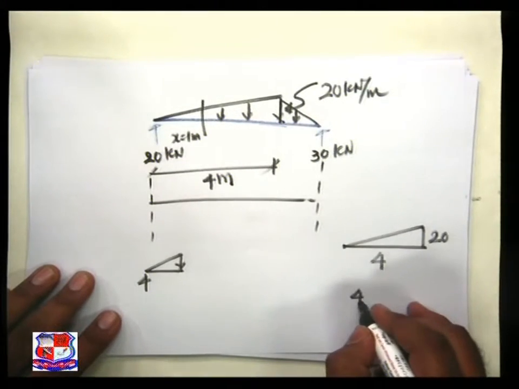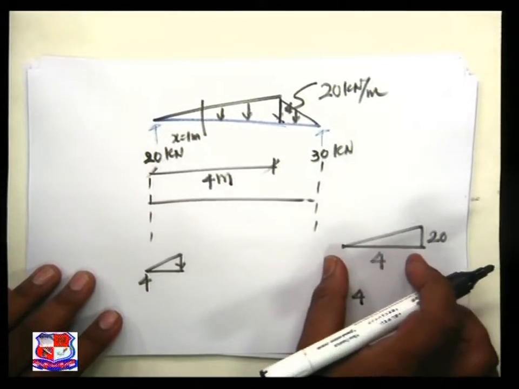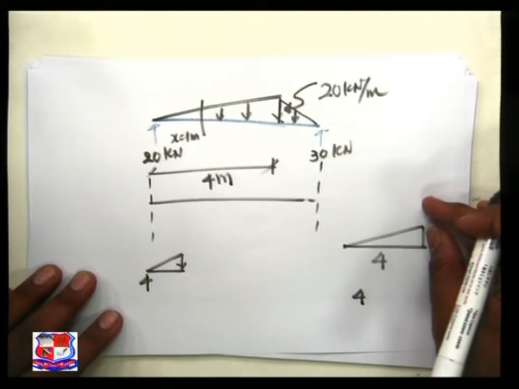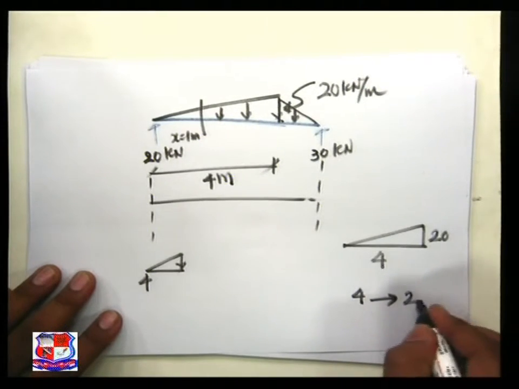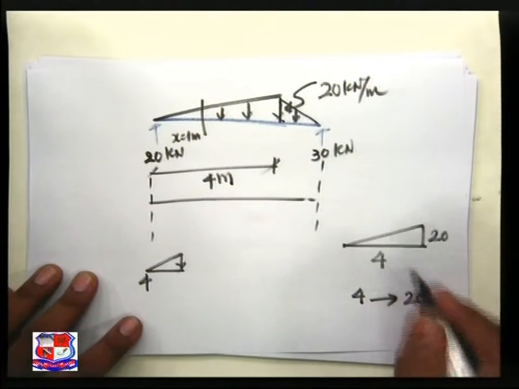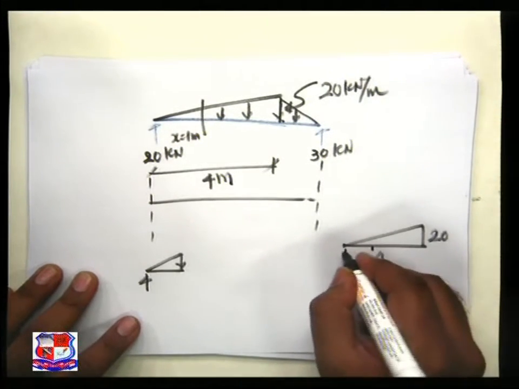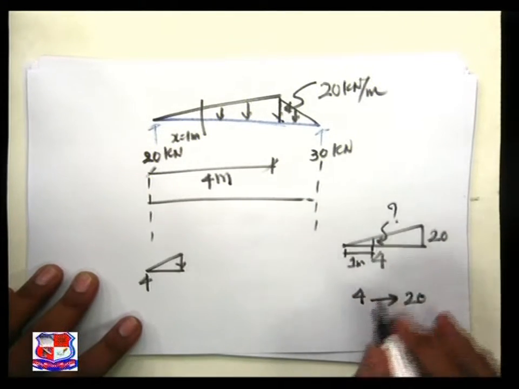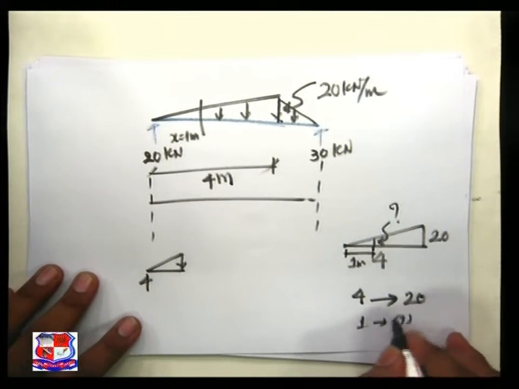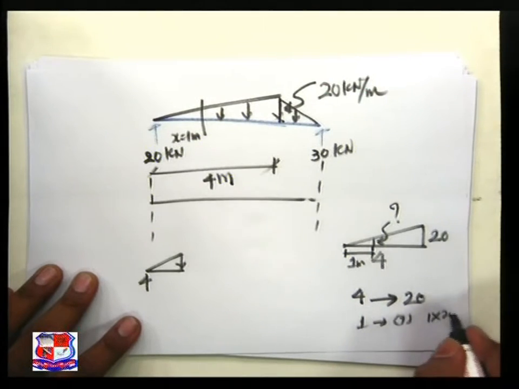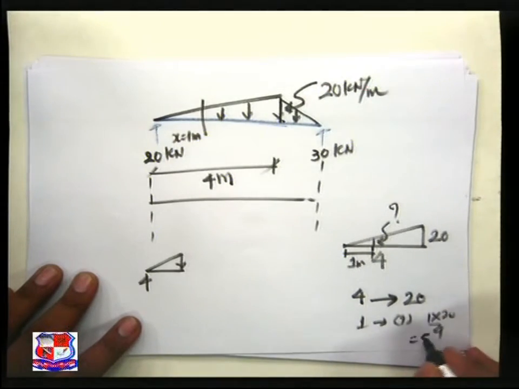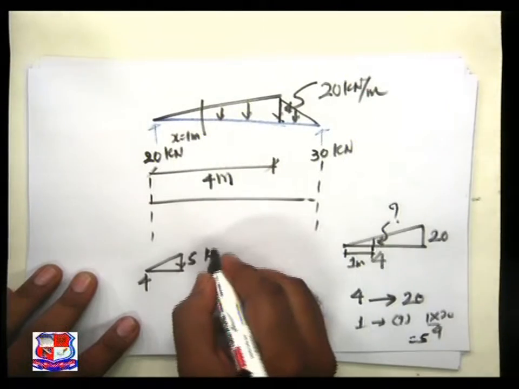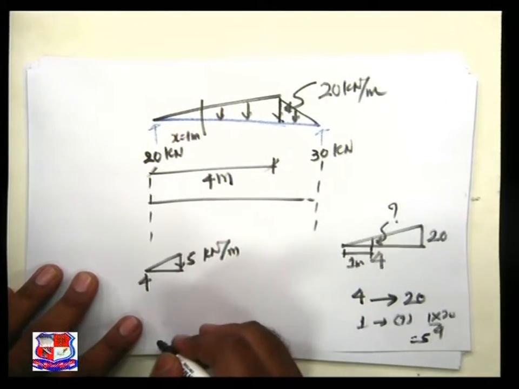For 4 meter horizontal distance, if the vertical distance is 20, then for 1 meter, what is the ordinate? That is 1 into 20 by 4, that is 5. So this ordinate is of 5 kilonewton per meter.